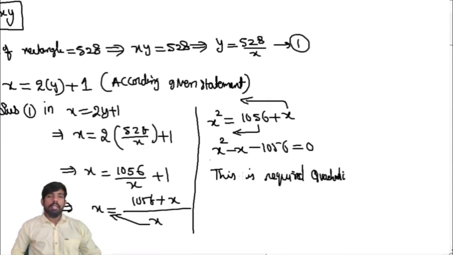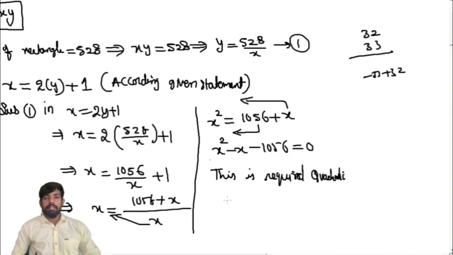But in order to find the length and breadth, we need to factorize this. 1056: if I multiply 32 into 33, I can get 1056. If I subtract these, I can get −1; like −33 plus 32 is −1, right?